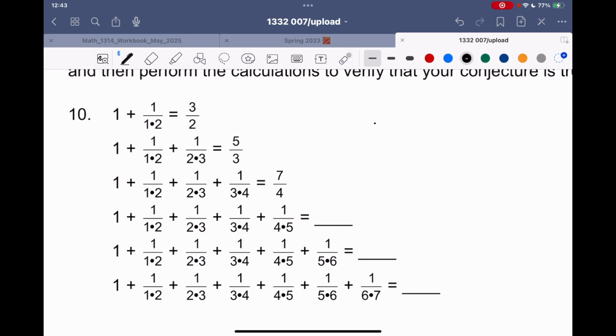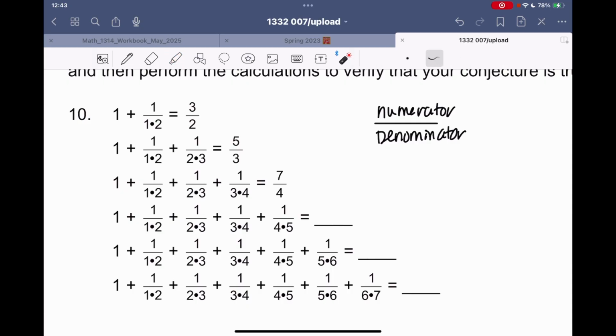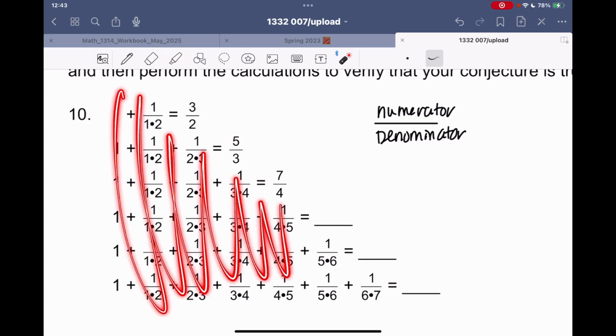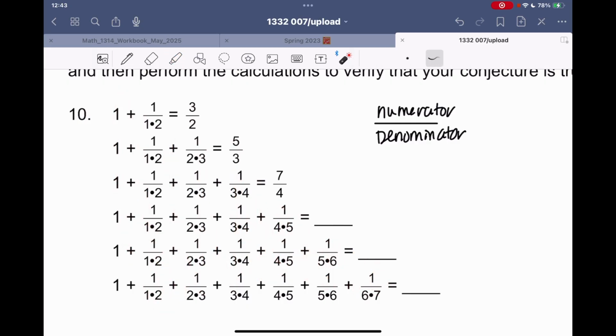A fraction includes a line. So you have a numerator, and then you have a denominator. A numerator is on the top, denominator is on the bottom. I am not going to concern myself with what's happening over here. You can if you want.